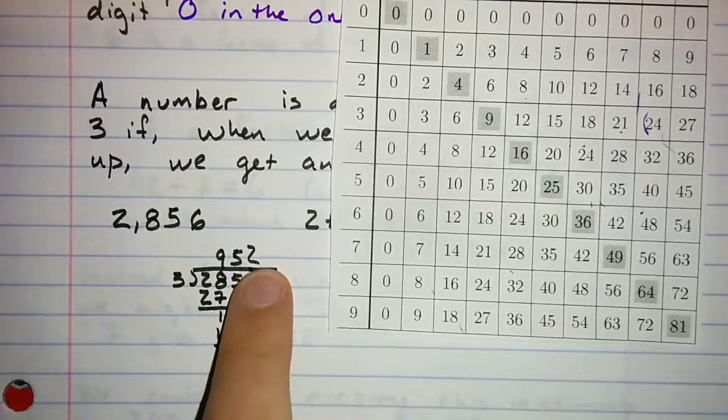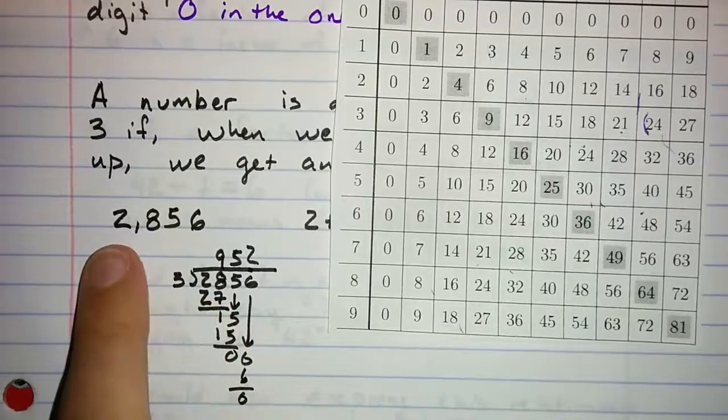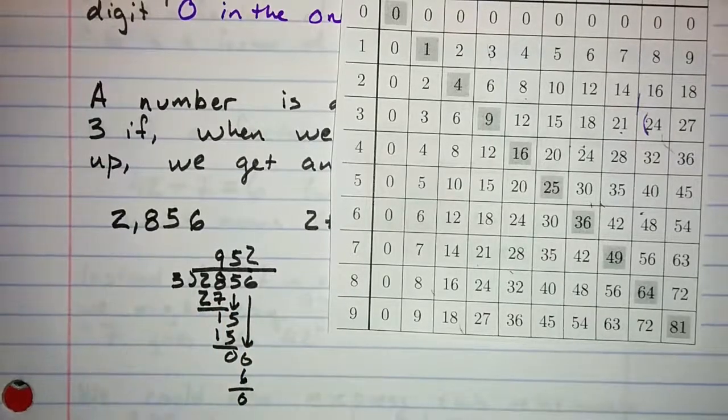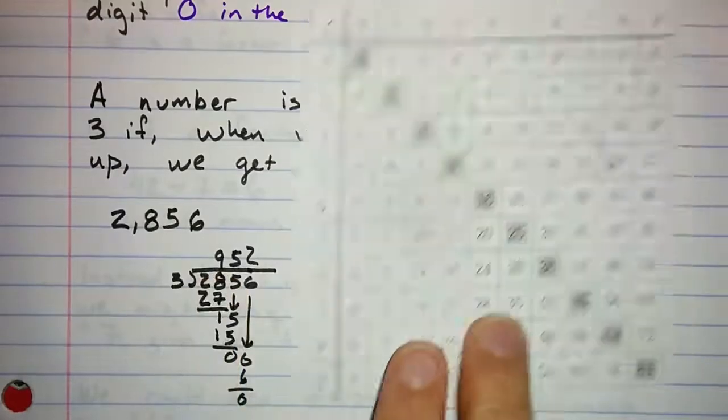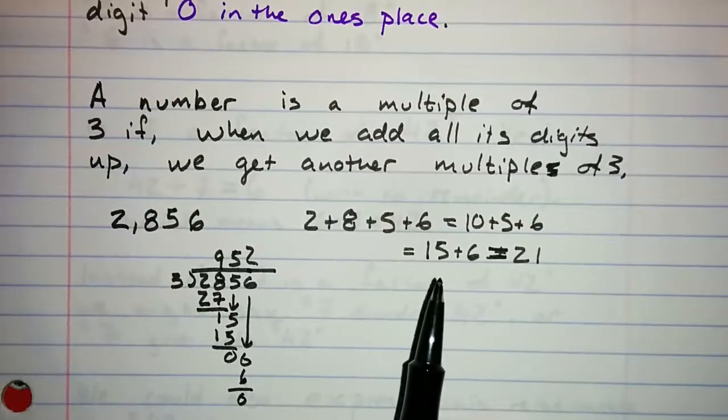So yes, in fact, when we divide 2,856 by 3, we have no remainder. 2,856 really is a multiple of 3. 3 really is a factor of 2,856.